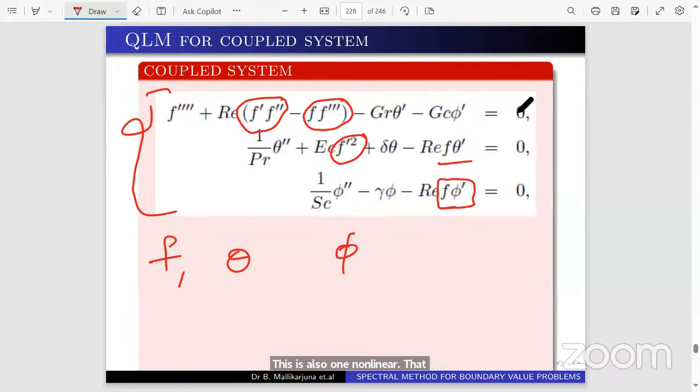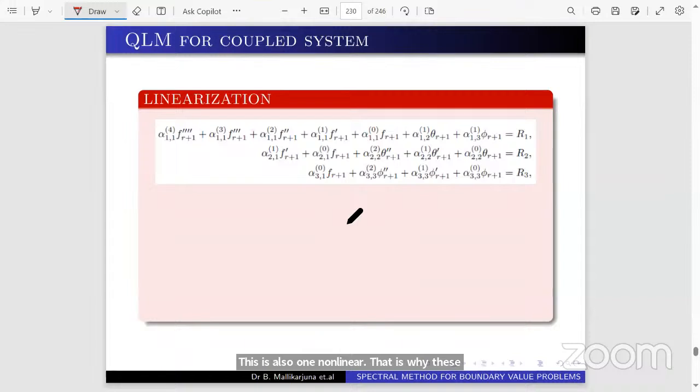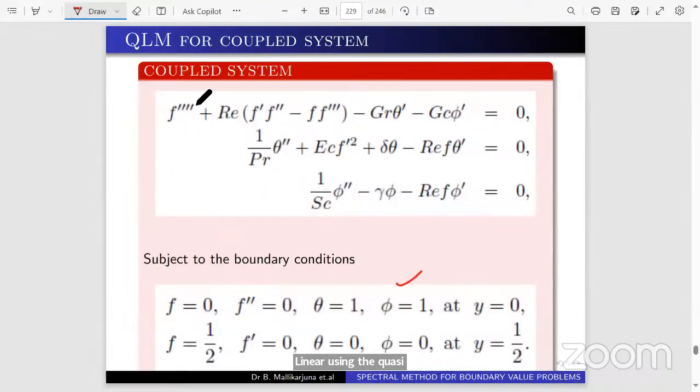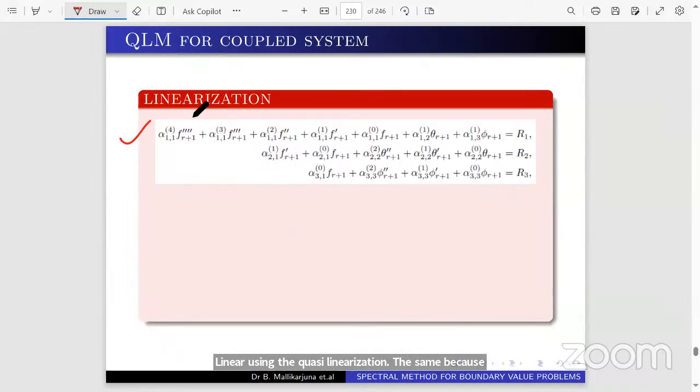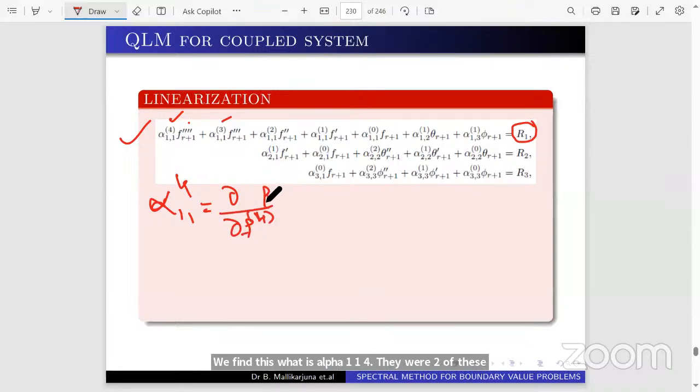That is why we first convert these into linear using the quasi-linearization technique. The same, because here there is a fourth order derivative, same fourth order like this is equal to R. We find this, what is alpha, the derivative of this with respect to the fourth order derivative of the equation.